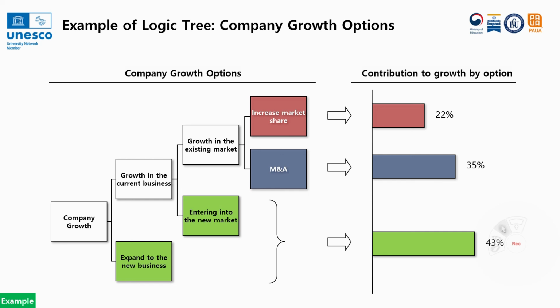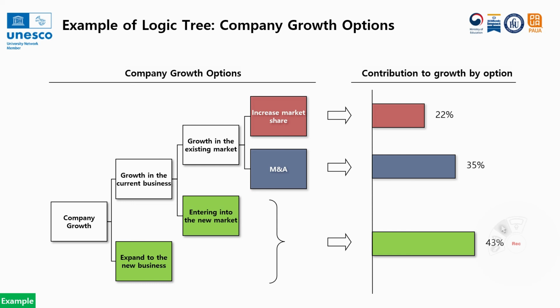What's the implication? If you are a company who is considering how to grow your company, number one, instead of focusing only on one option, try to think about a lot of different options.